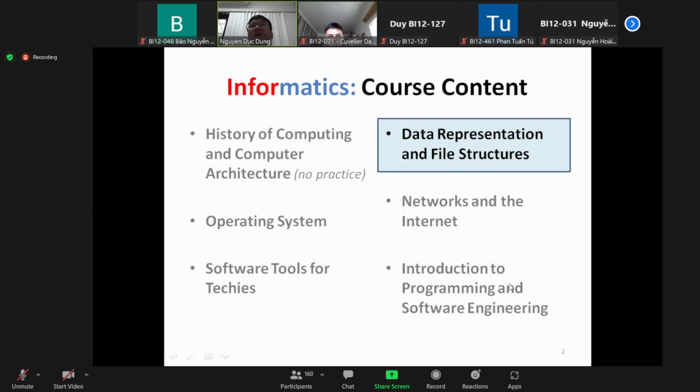We'll continue our lecture today on data representation and file structure. And of course, informatics and computers are now so popular. In the past, only people in the ICT field had a chance to work with computers. But nowadays, computers are everywhere, including in our television sets and in our mobile phones.